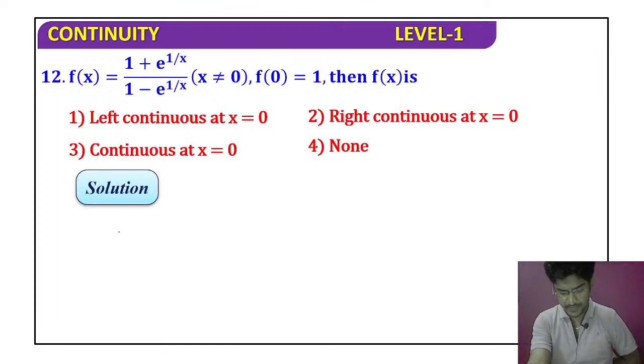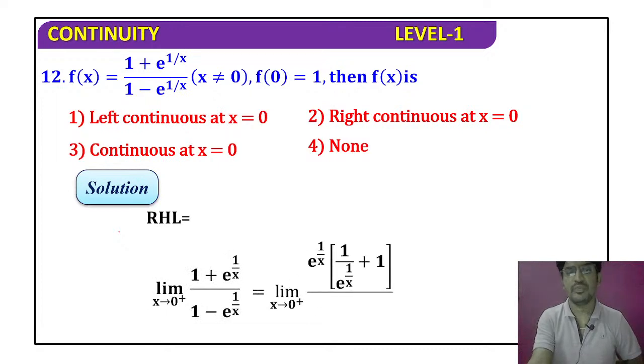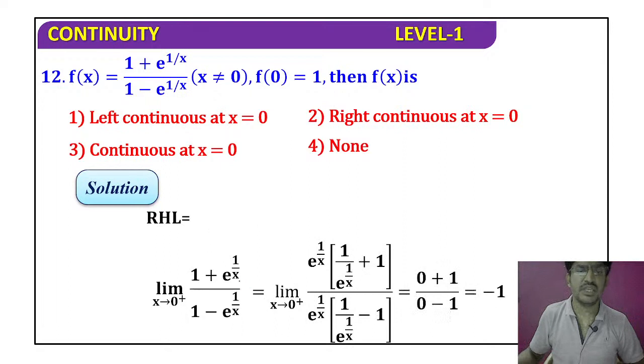In the RHL, I will take e to the power of 1 by x common, so I can cancel these two terms. Now we have 1 by e to the power of 1 by x plus 1, divided by 1 by e to the power of 1 by x minus 1.